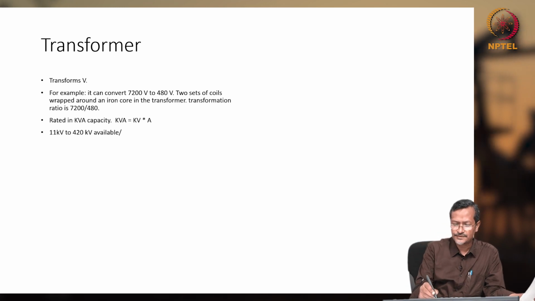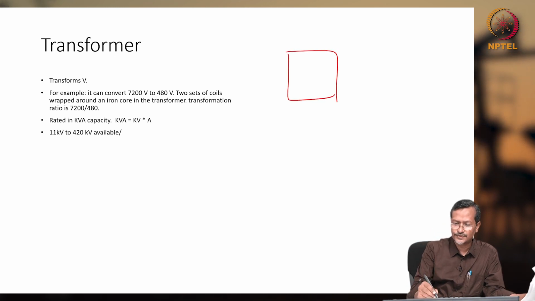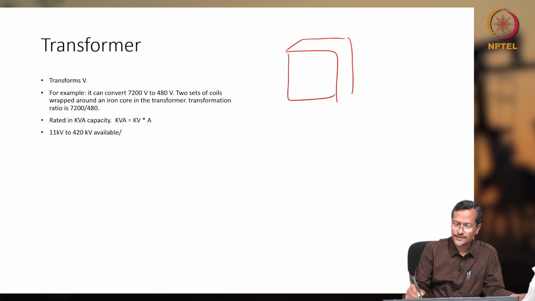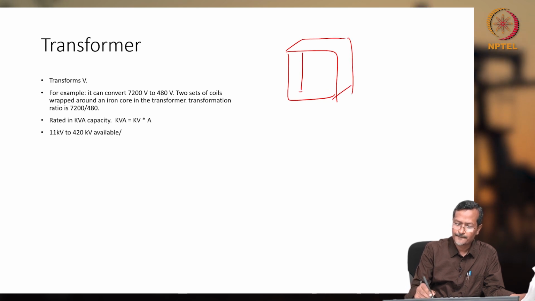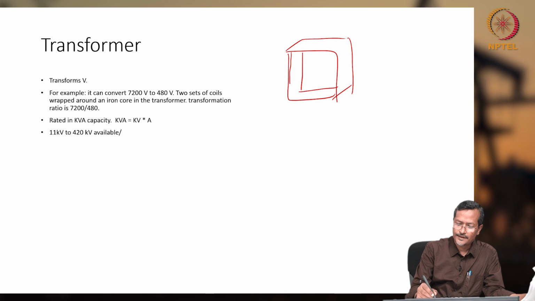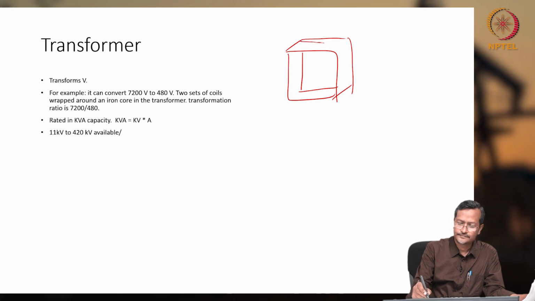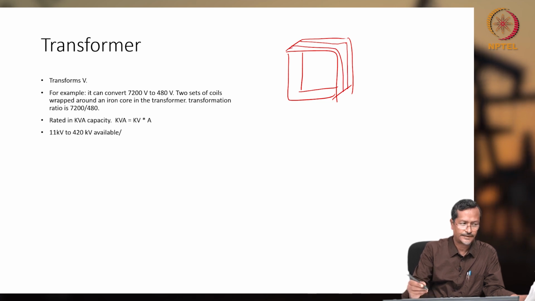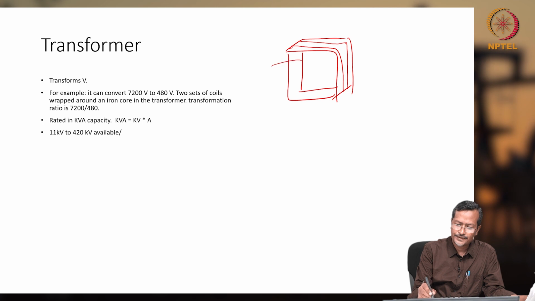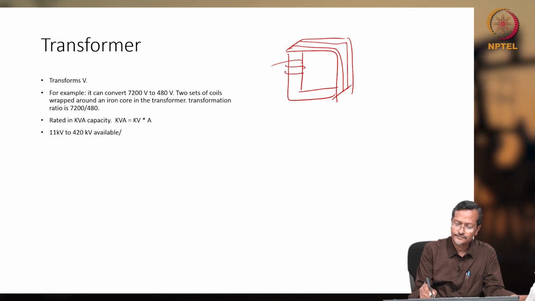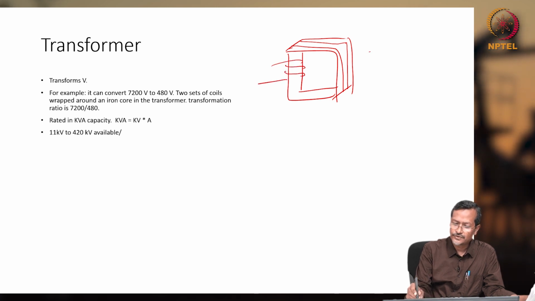So, normally it will be like this, a rectangular shaped thing, okay, and lots of coil will be there, and here also lots of coil will be there.